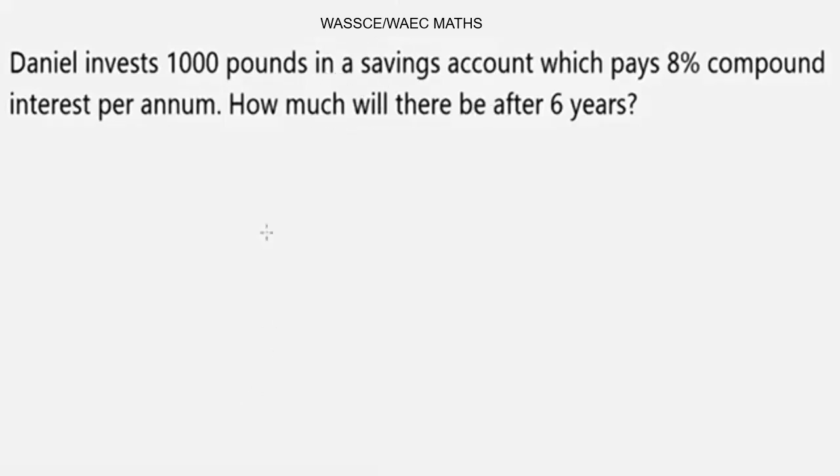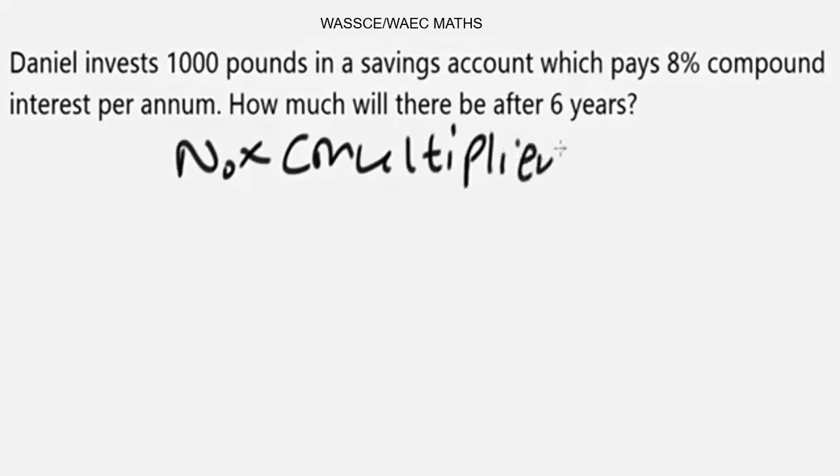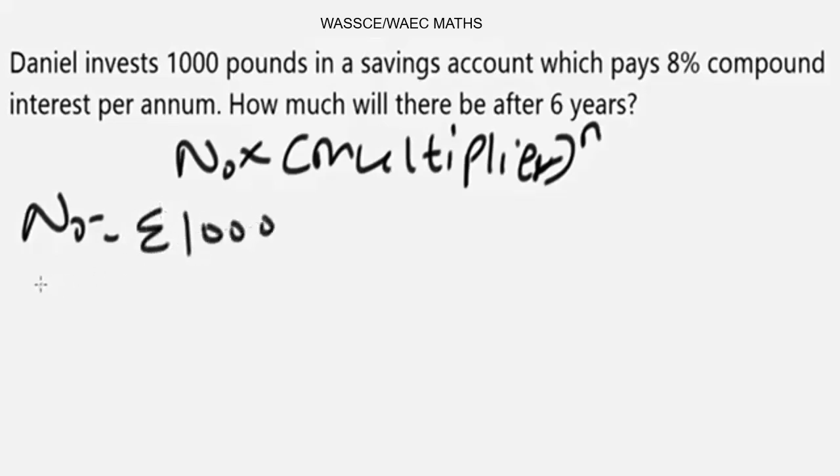Now we're going to apply our N0 times our percentage change multiplier to the power n. In this question, our N0, our principal or initial amount, is £1,000. We have our n duration to be 6 years.